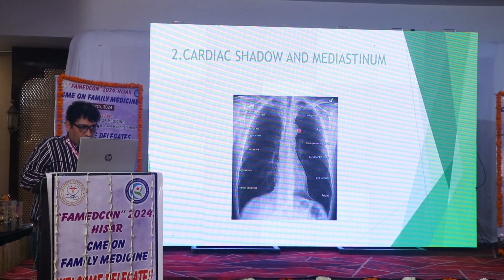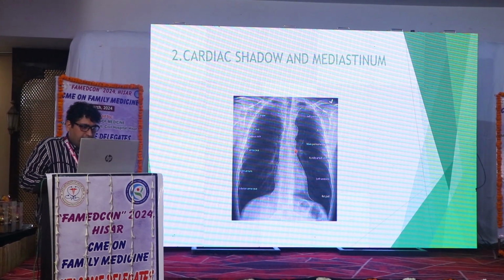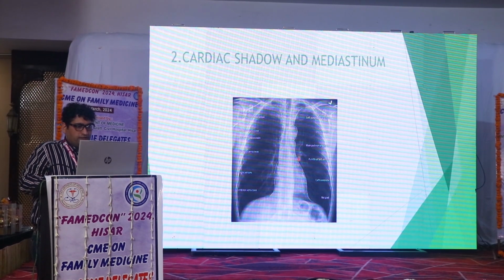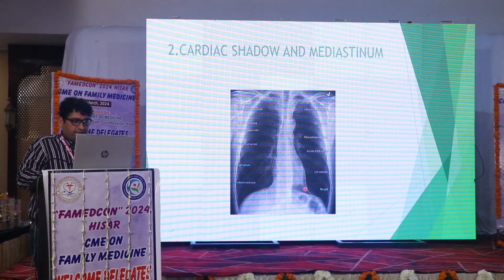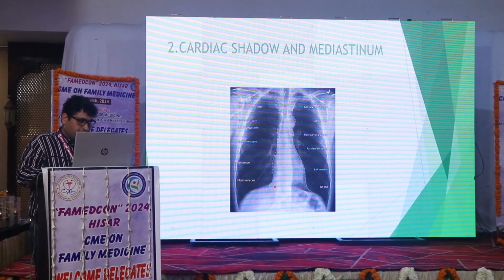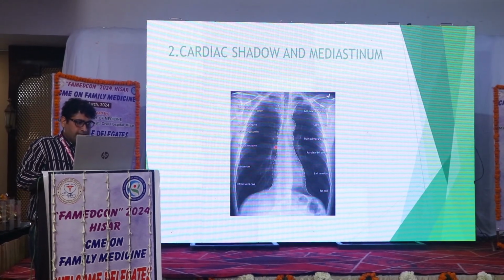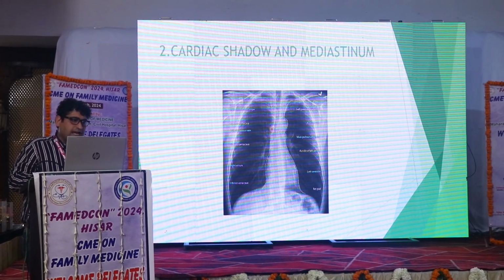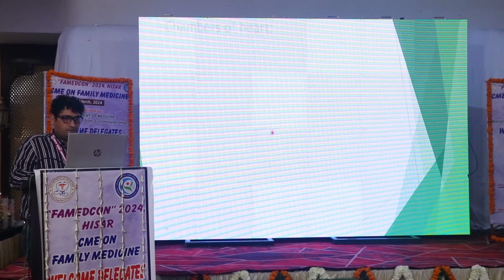This is the arch of aorta and this is representing the main pulmonary artery on the left side. Here the location is related to the auricle of the left atrium. This is the left ventricle and below is the fat pad. And on the right side it is the right atrium, IVC, and superior vena cava, and along with this, the superior vena cava is represented here also.